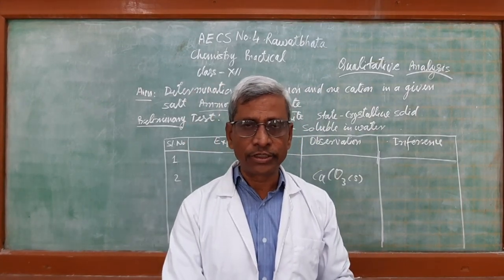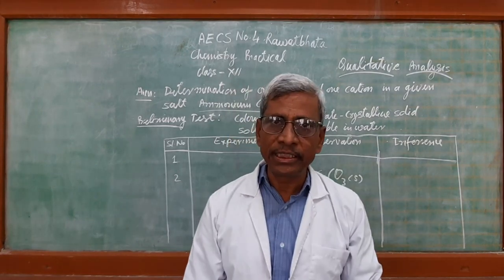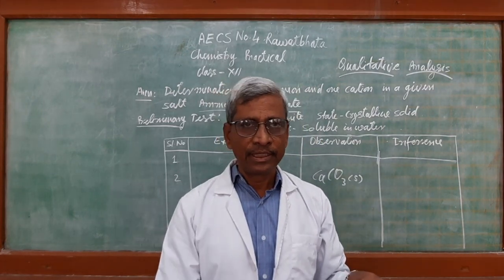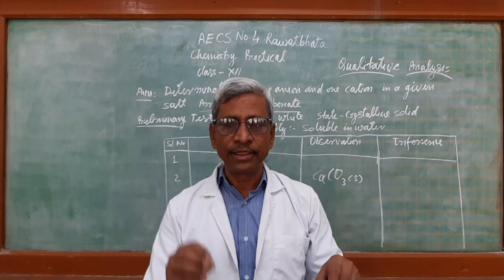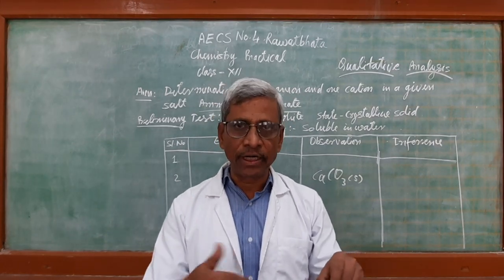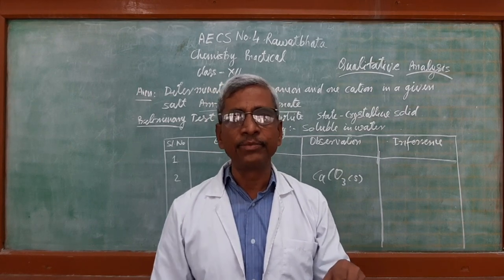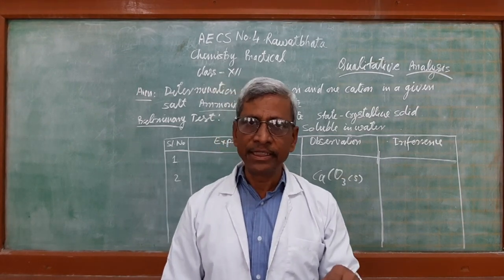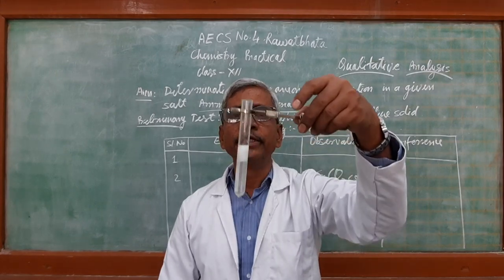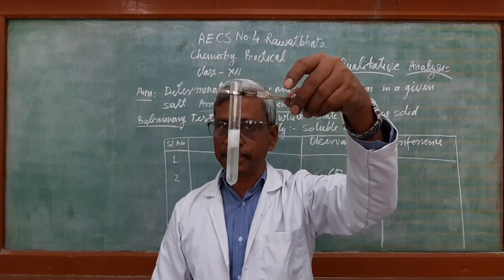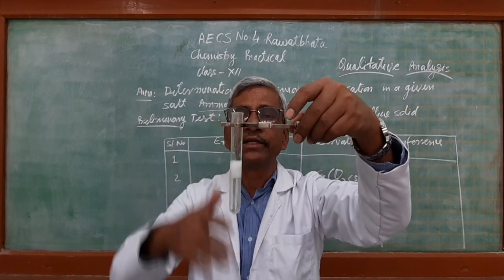Magnesium sulfate is water soluble, but its carbonate is water insoluble. It combines with the carbonate, sodium carbonate, or whatever carbonate is taken, ammonium carbonate, to form magnesium carbonate. This magnesium carbonate is water insoluble, that's why it looks like a precipitate. After some time, it will settle down.